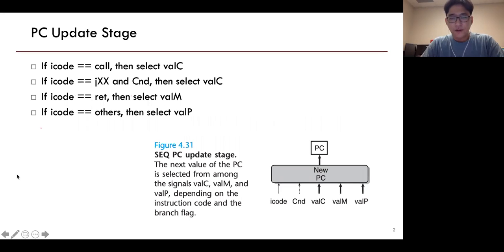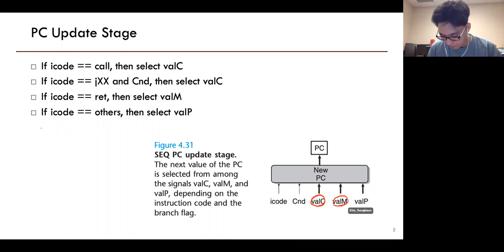Here we have a figure of the PC update stage, and this is figure 4.31 in the Bryant book. Let's see what it does. First, it takes three data inputs: valC, valM, valP, and outputs one.